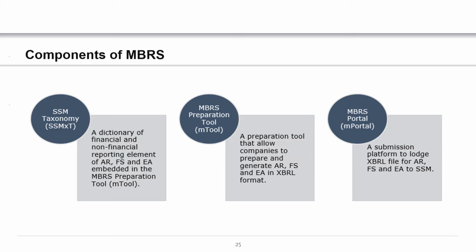And then we have the MBRS preparation tool, a tool that allows companies to prepare and generate annual returns, financial statements, and exemption applications in the XBRL format. And lastly is the portal, MPortal, a submission platform to load the XBRL files for the annual return, financial statements, and the exemption applications.